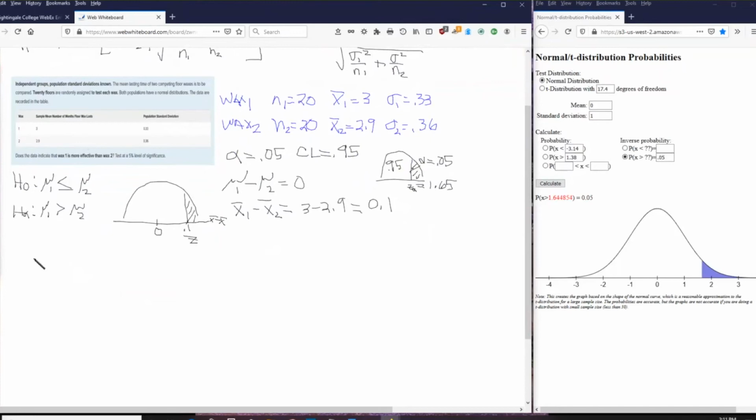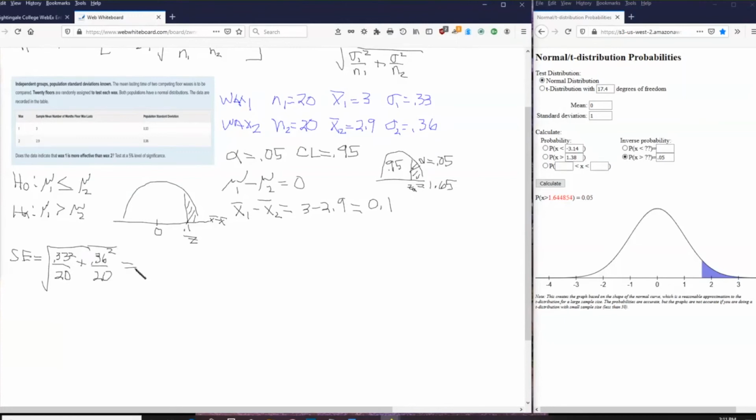Okay, so now let's look at our standard deviation, or the standard error, which is going to be the square root of the population standard deviation squared for the first wax divided by the sample size of the first wax, plus the standard deviation squared of the second wax divided by the sample size of the second.